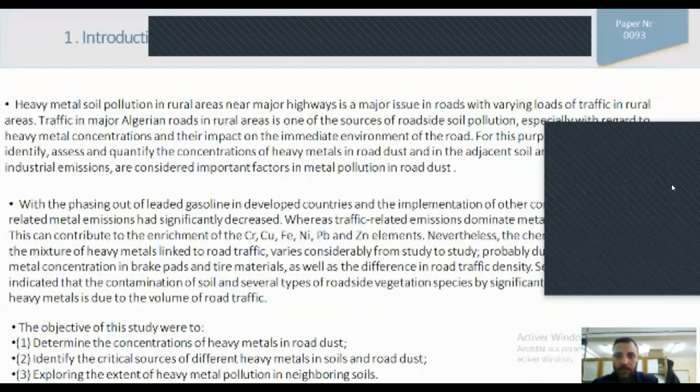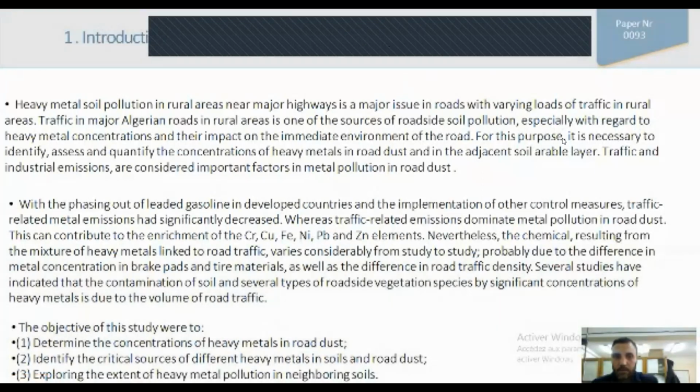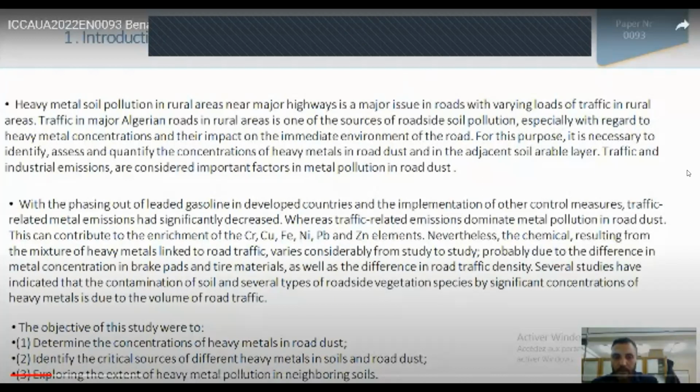Traffic in major Algerian roads in rural areas is one of the sources of roadside soil pollution, especially with regard to heavy metal concentrations and their impact on the immediate environment of the road.